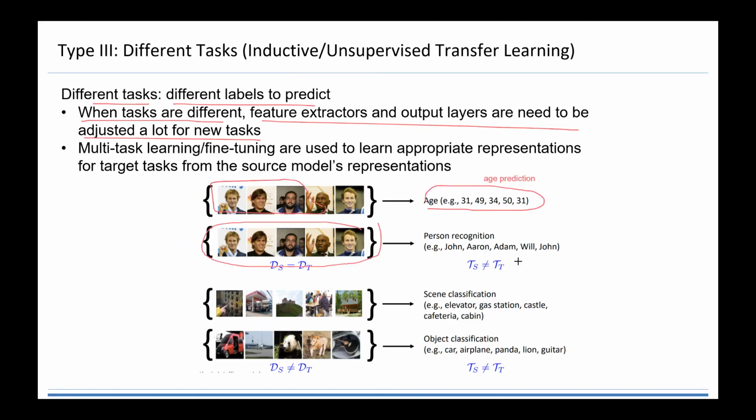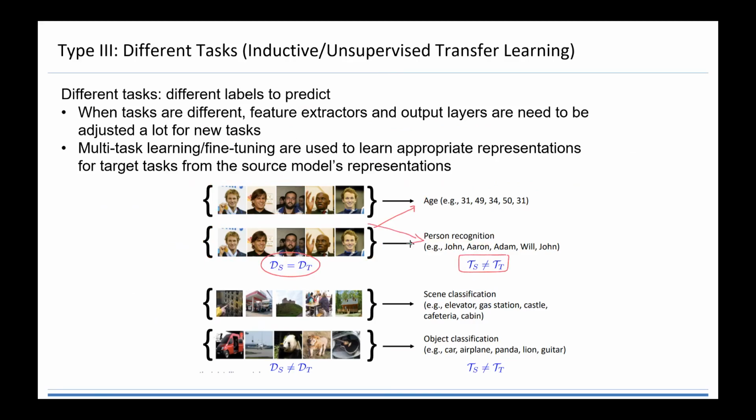And the other task, I want to do person recognition. So this guy is John, this guy is Aaron, this guy is Adam, and so on. We call this kind of task from the same data, from the same domain, there will be different tasks. So the first task is age recognition, and the other task is person recognition.